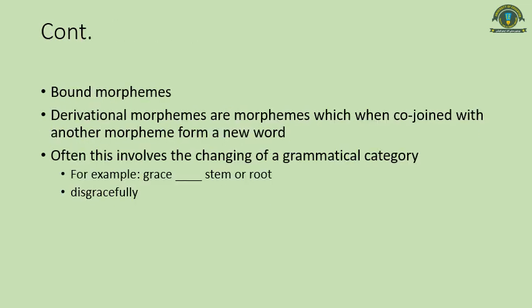In order to explain further the types of bound morphemes and free morphemes, examples of bound morphemes are derivational morphemes, for example un, the adverb ly, etc. Derivational morphemes are morphemes which, when conjoined with another morpheme, form a new word. There are subcategories of bound morphemes.